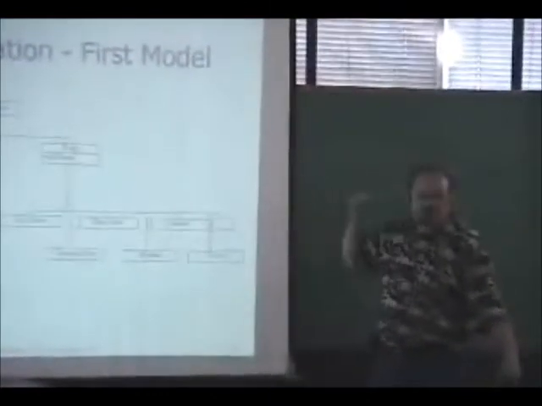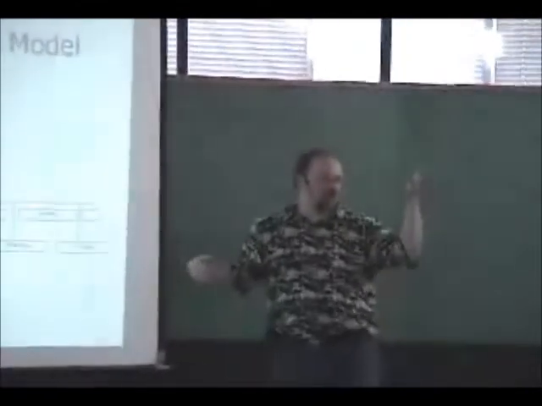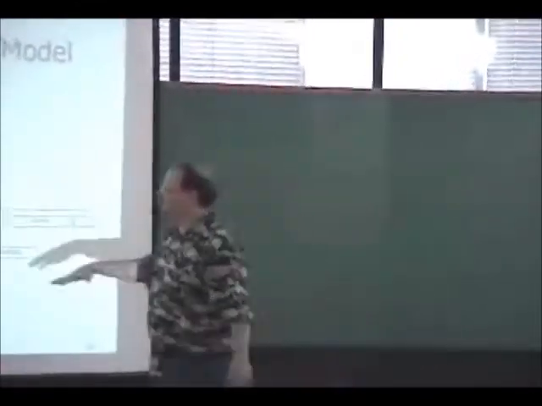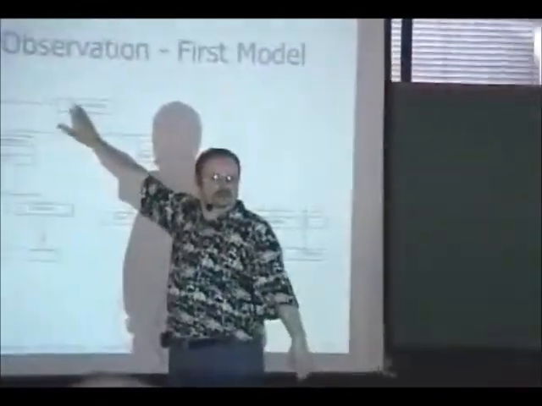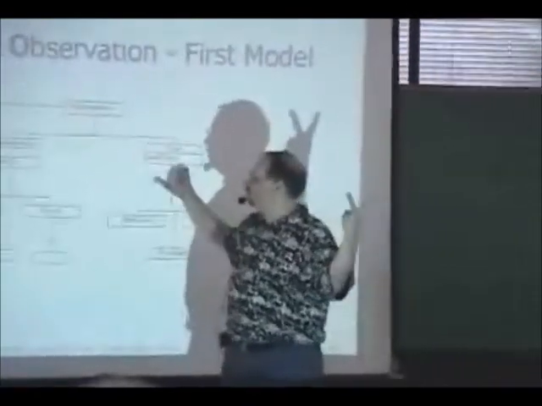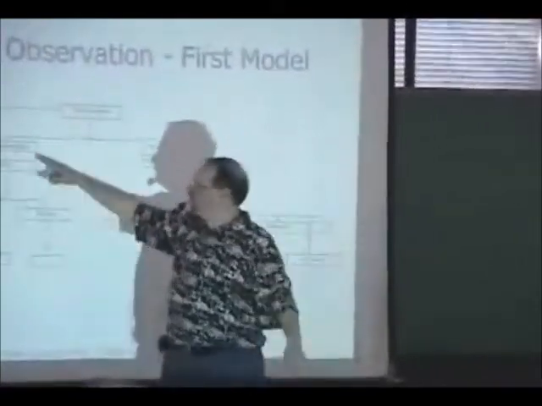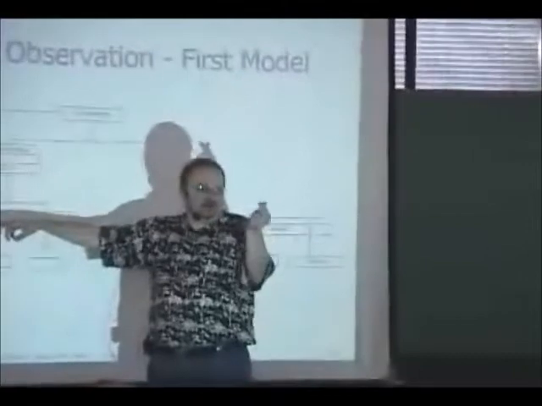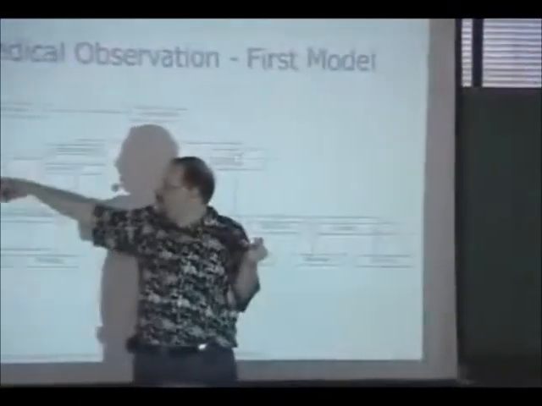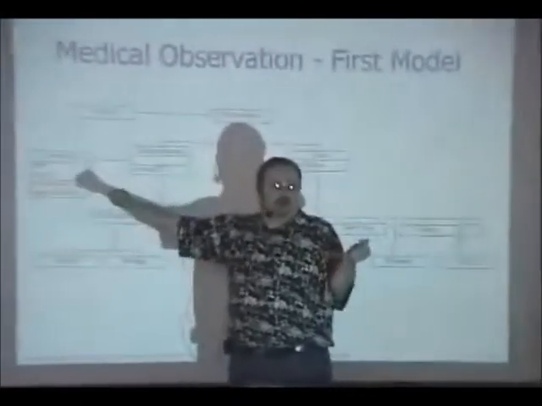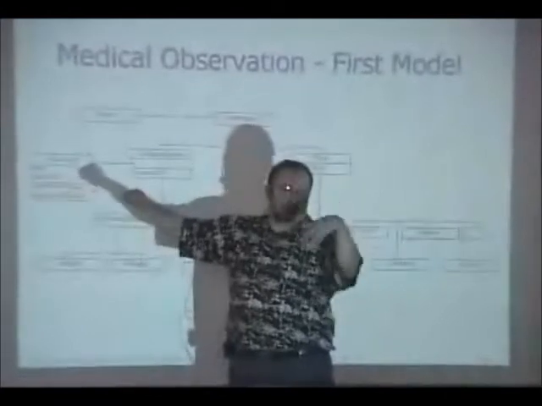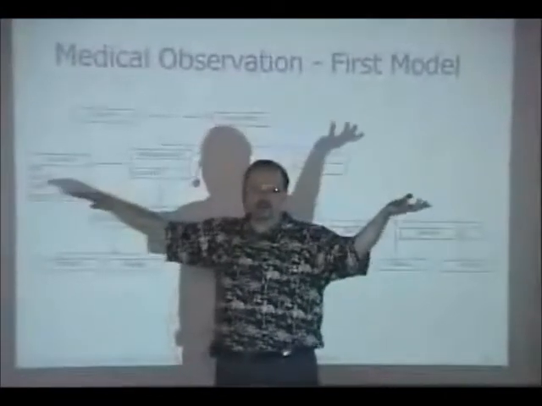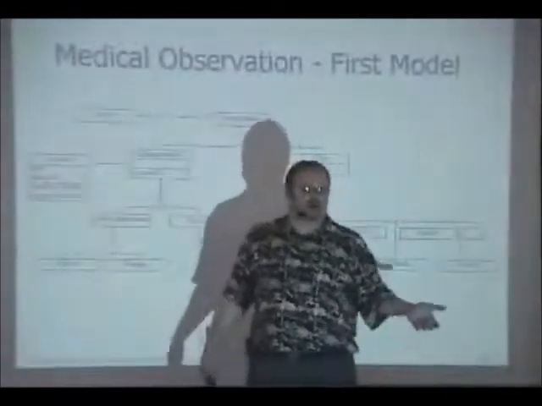Our first model for representing that, if you do the object-oriented way, is we had a class structure for observations. And there were really two main types of observations. Either you're taking a physical measurement, such as some numeric value, and it's got a quantity like a unit, like blood pressure. How many millimeters of mercury? 110 over 80. Or cholesterol level.